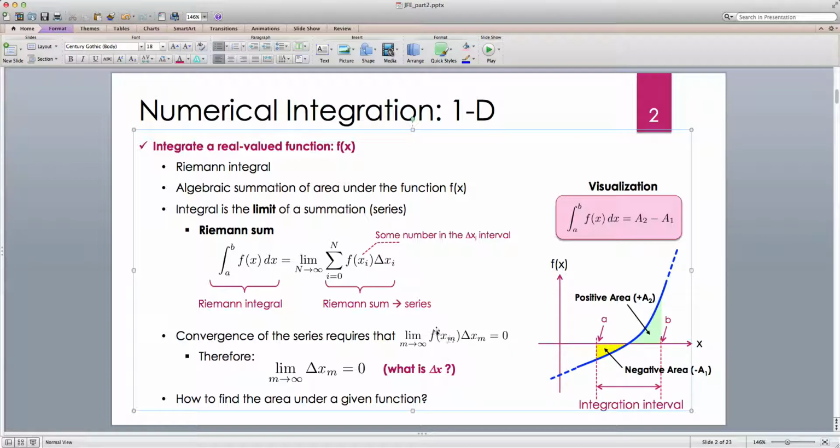But the function is not always 0. So delta xm, the length of the intervals, should go to 0, which makes sense when we have an infinite number of intervals. So this delta x is basically the length of each very small subinterval.